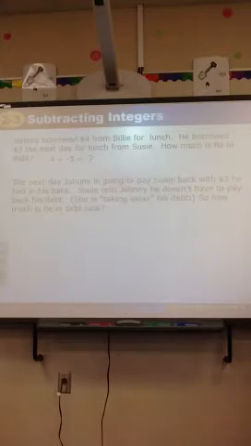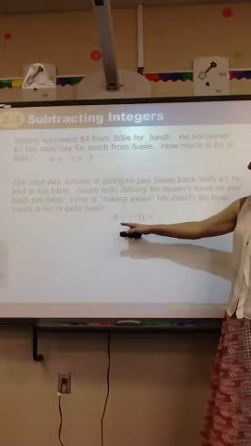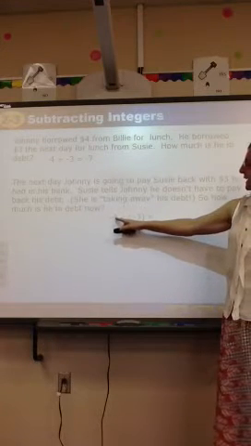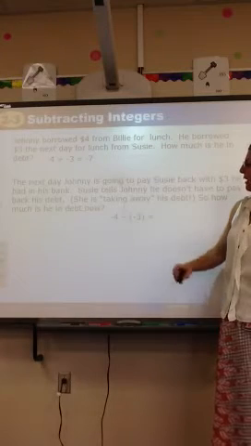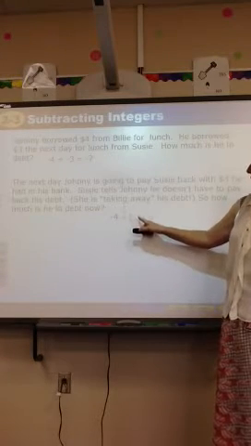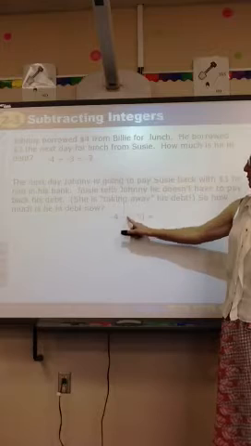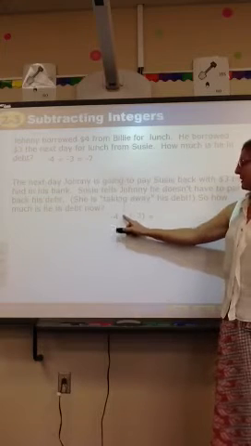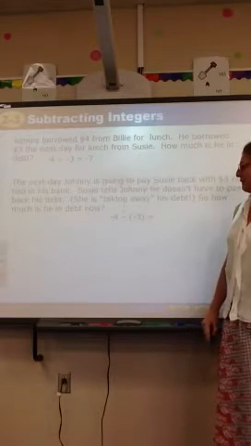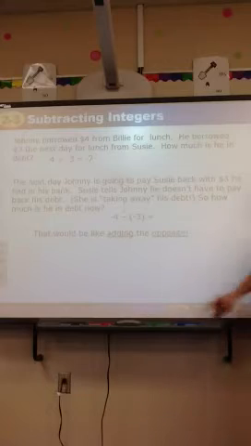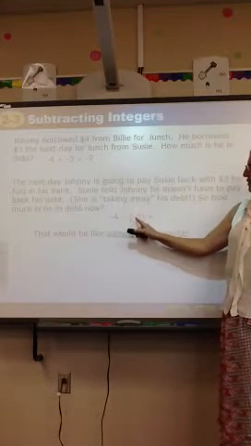Well, if we look at her taking away debt, his original amount that he owed Billy was $4, and he owed Susie $3. But she's going to take away that debt. So if she takes away that debt, she's going to change that from a negative to a positive. She's going to add and she's going to change that.